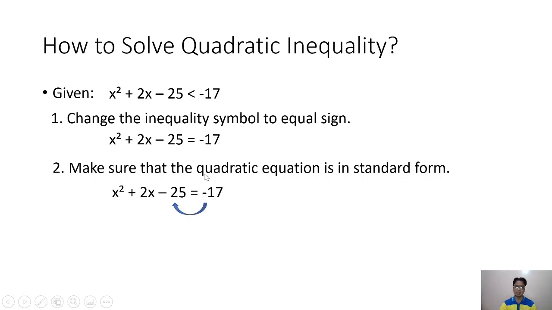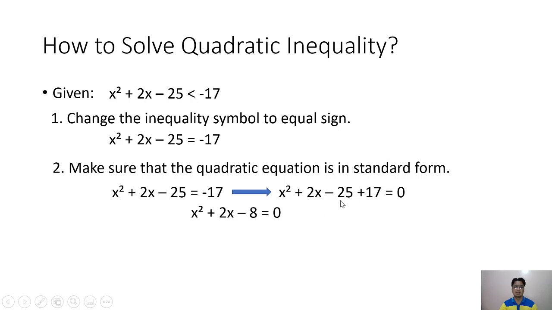Kung ililipat po natin sa kabila, we will be having x squared plus 2x minus 25. Again, yung negative 17 natin, dahil tatawid ng equal sign, magiging positive 17. Okay?